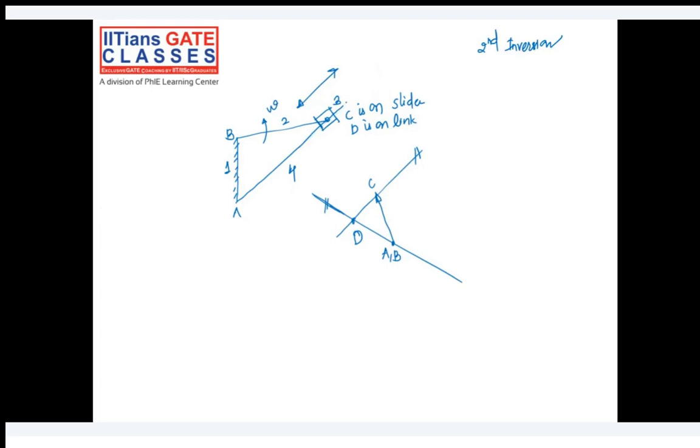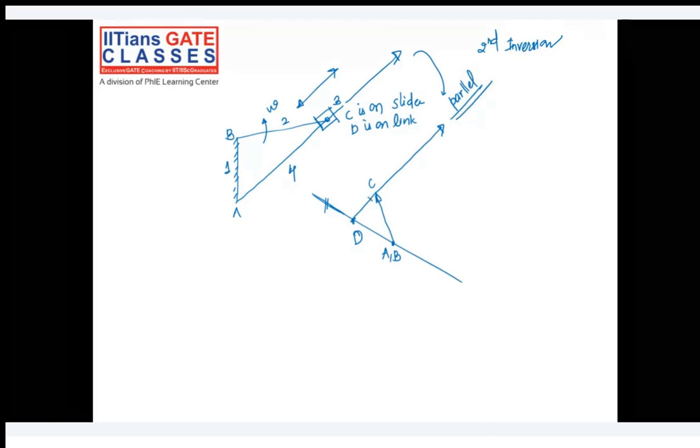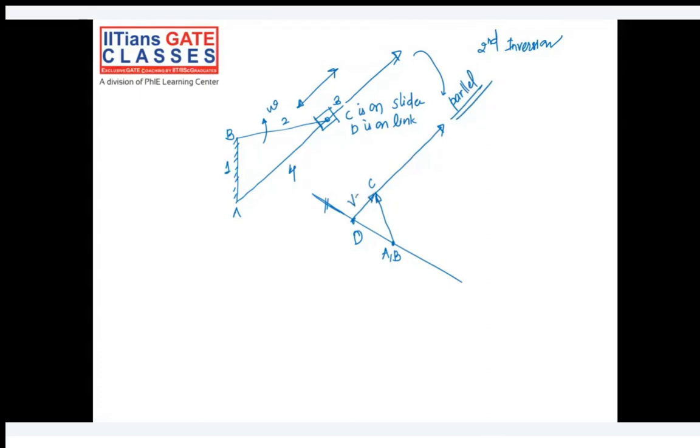That's why I'm drawing the link AD direction parallel. Are you following? This is the velocity of the slider: D to C in the velocity diagram is the velocity of the slider, which is parallel to link AD.